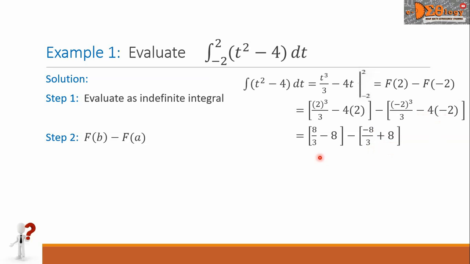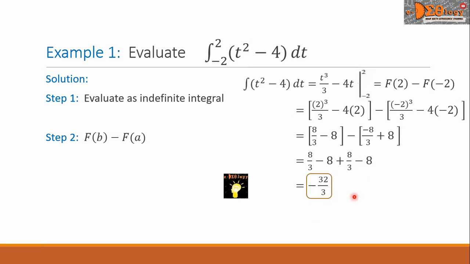Let us now remove the grouping symbol, and considering the second group is preceded by a negative sign, we change the sign of the terms of the second group. So we have 8 over 3 minus 8 plus 8 over 3 minus 8. We will now simplify these numbers into negative 32 over 3. This is our final answer.